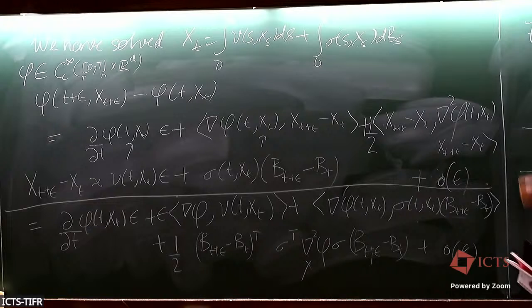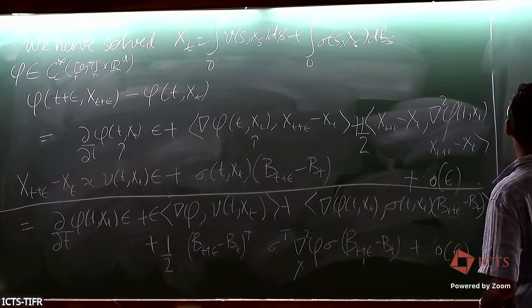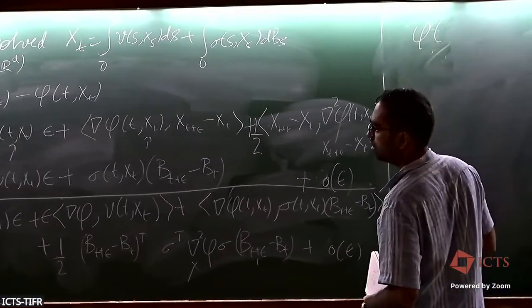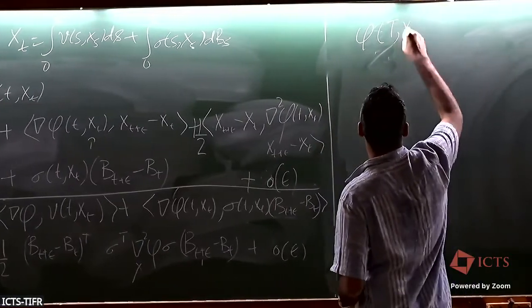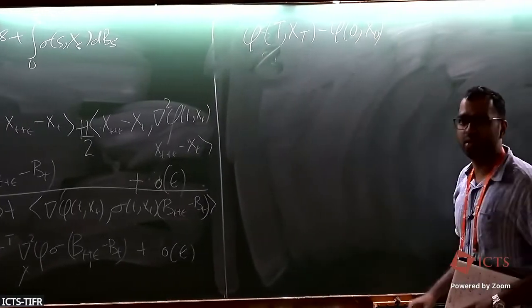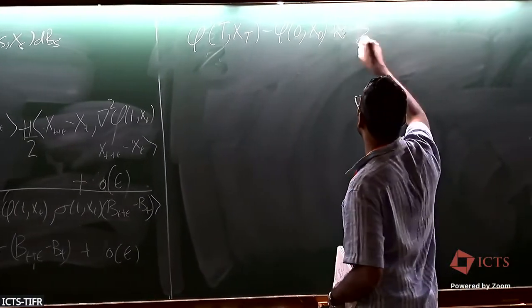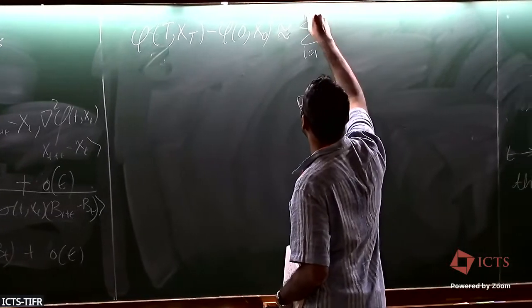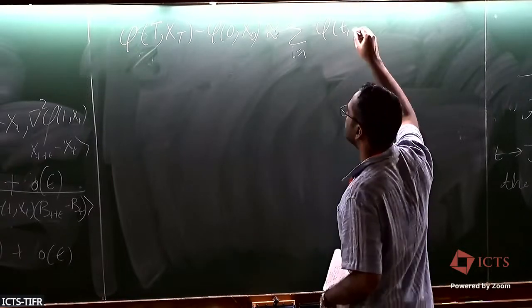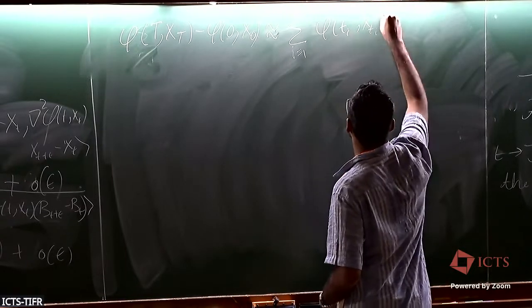This is the first step, the Taylor approximation. The next step is we sum over all of these t's. So phi of (T, X_T) minus phi of (0, X_0) can be written as the summation from i equals 1 to n of phi of (t_i, X_{t_i}) minus phi of (t_{i-1}, X_{t_{i-1}}).